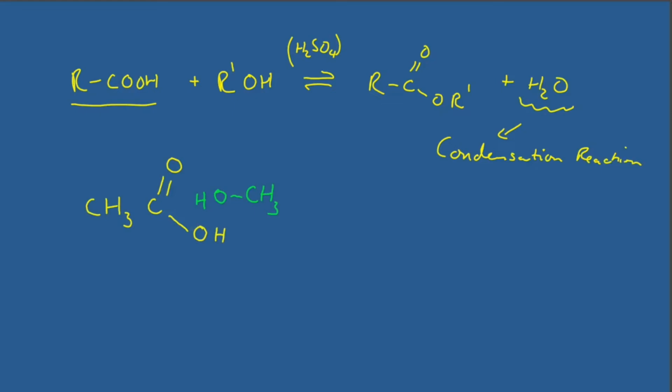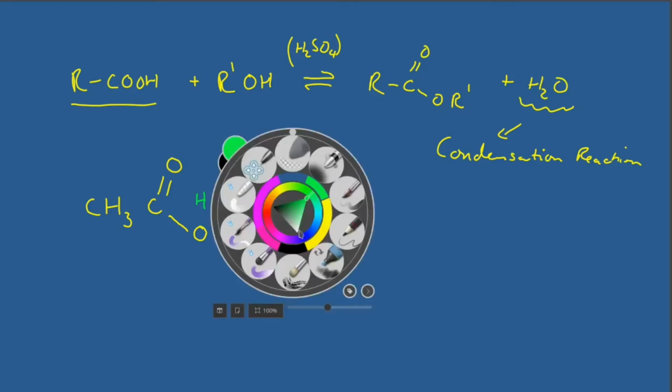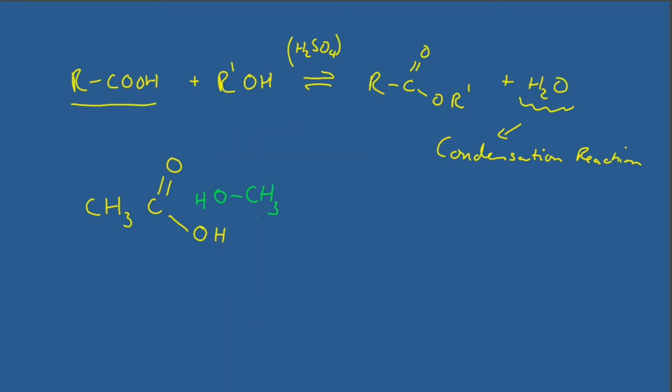So here I've got, in yellow, my ethanoic acid, and I've got some methanol shown over here. What we can look at is how these combine together. We've got an H from there and an OH here, and these can combine to form our water. They'll combine in the way shown here, so we make our ester.